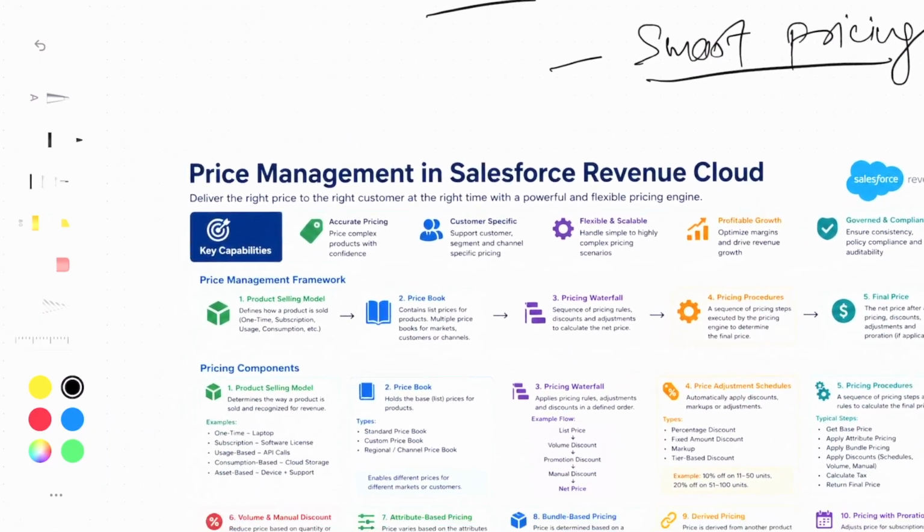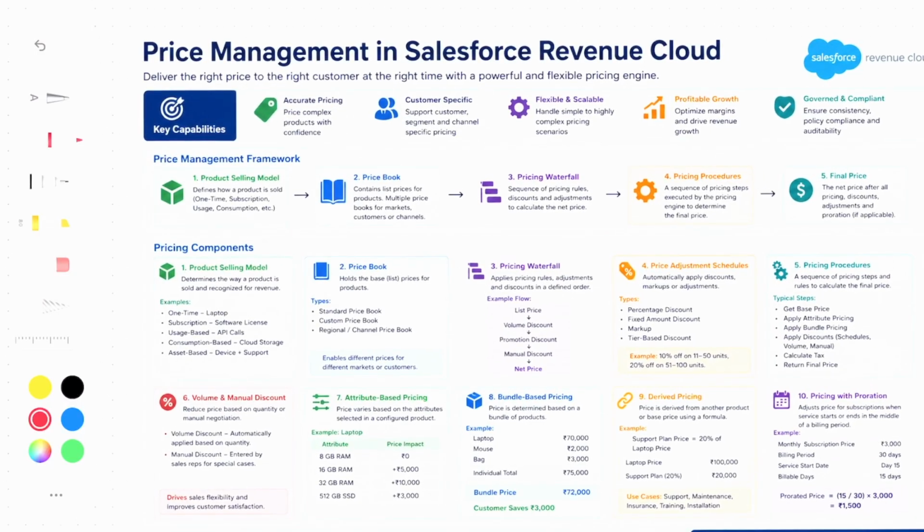So in short, Revenue Cloud delivers the right price to the right customer at the right time. Price management inside Revenue Cloud does only one thing: deliver the right price to the right customer at the right time, with the help of a flexible engine that we are not diving deep into. That is exactly what pricing management does.